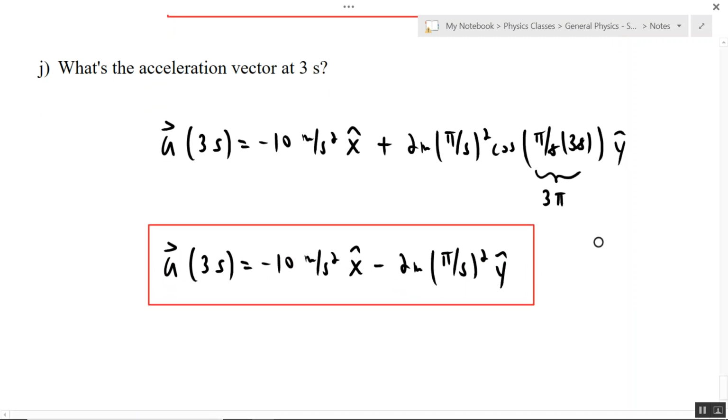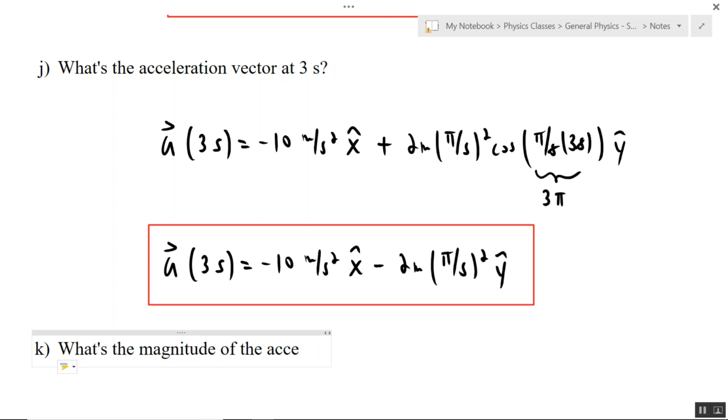All right, just to do one more example of this, and then we're done with this example. What's the magnitude? You should know how to do this pretty well by now, I would hope. What's the magnitude of the acceleration at 3 seconds, and its direction?